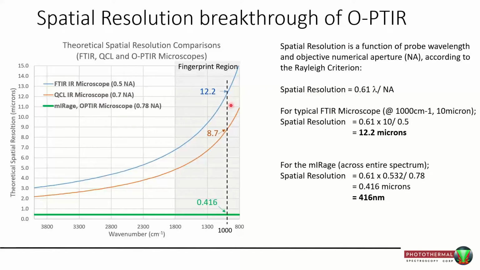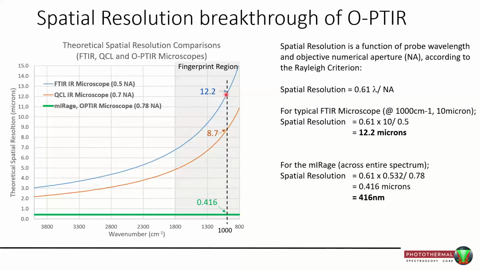We'll talk a lot about spatial resolution and the breakthroughs that O-PTIR brings there, and I'll remind everybody that spatial resolution can be approximated with the Rayleigh criterion, and it's proportional to the wavelength over the numerical aperture of the objective. So for typical FTIR microscopes that have fairly long wavelengths, especially if you're working in the fingerprint region, the numerical apertures are moderate to poor sometimes.